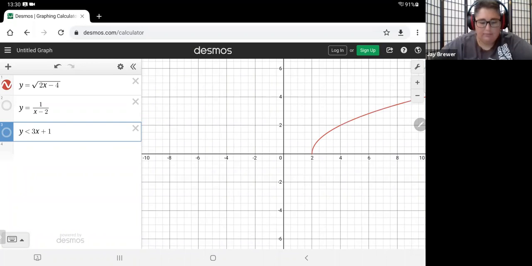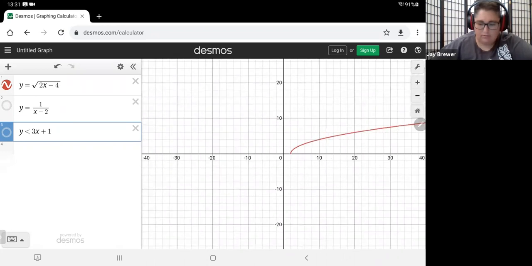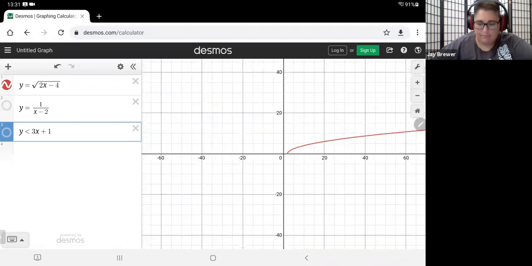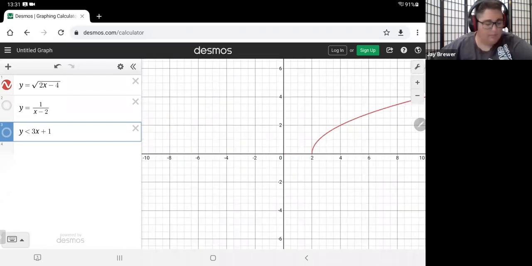So this is B, and you can see that B starts at 2 on the x-axis, and then it continues on forever. If we zoom out, you can see that it just keeps going and going.